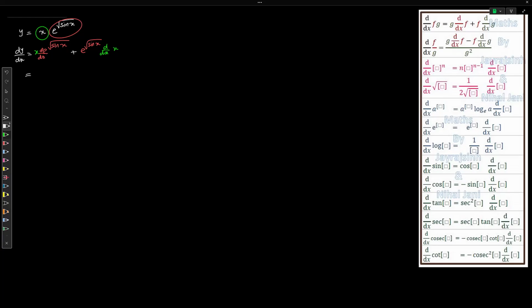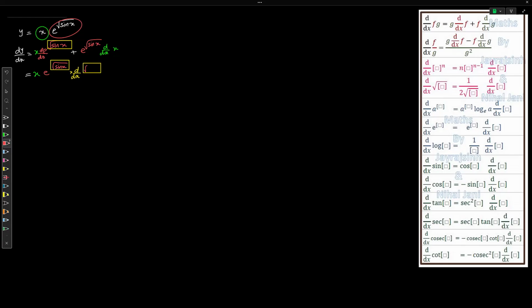First term x, e raised to box. So the differentiation of e raised to box will be e raised to box into d by dx of box. Now what do we have within the box?